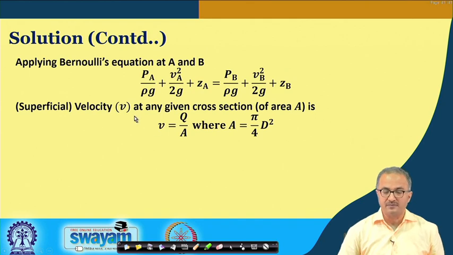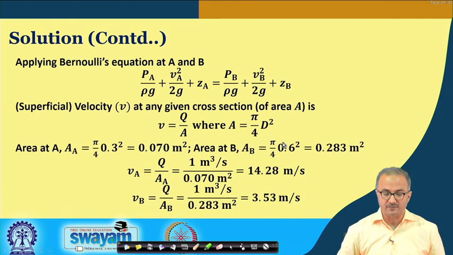Now, the velocity at any point is given by this particular formula, that is the ratio of the volumetric flow rate to the area of cross section. In fact, this particular velocity is called the superficial velocity, which is based on the hollow cross sectional area of the pipe. The area of cross section is pi by 4 d square.